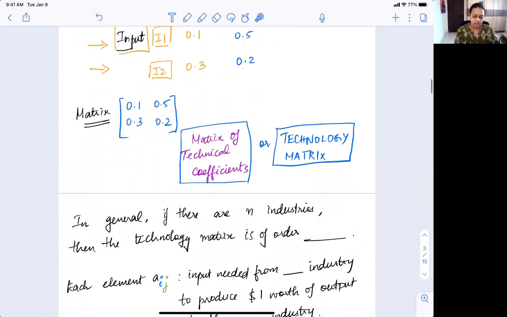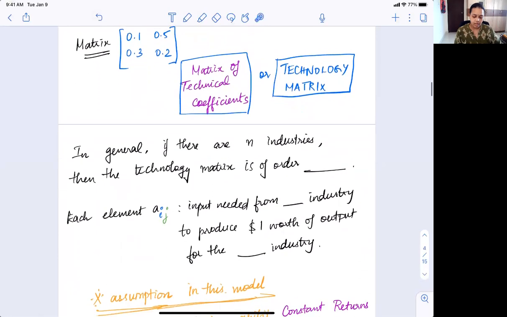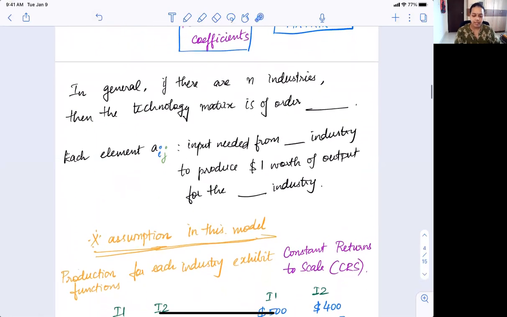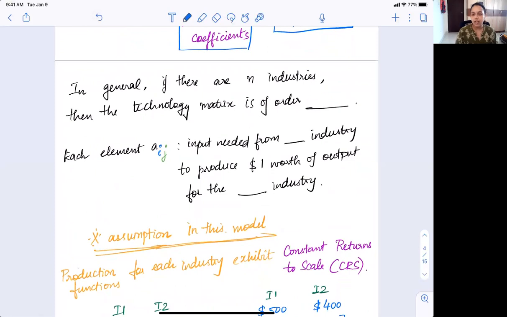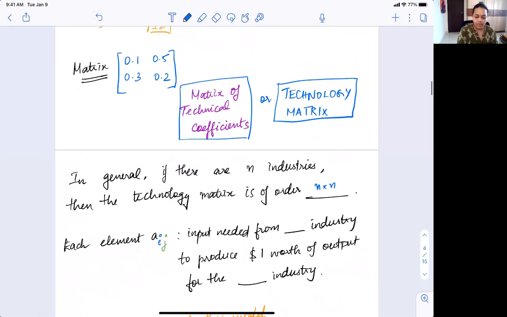Now, in general, if there are n industries, then the technology matrix is going to be of the order n by n. You can see in this simple example we just had 2 industries, therefore the technology matrix is of the order 2 by 2. And where does this 2 by 2 come from?